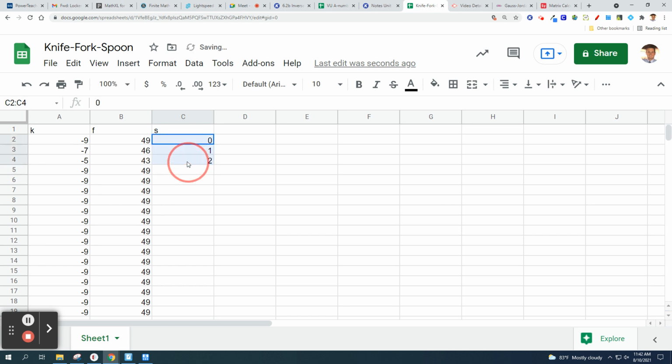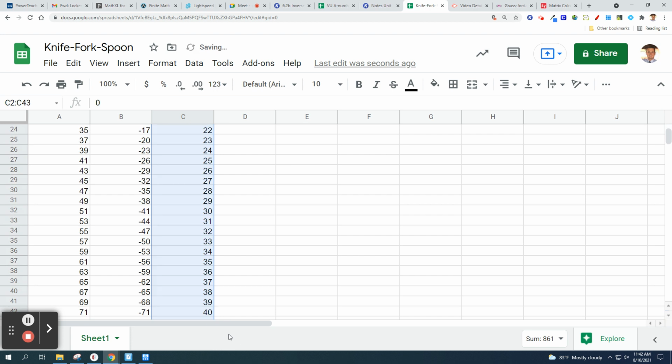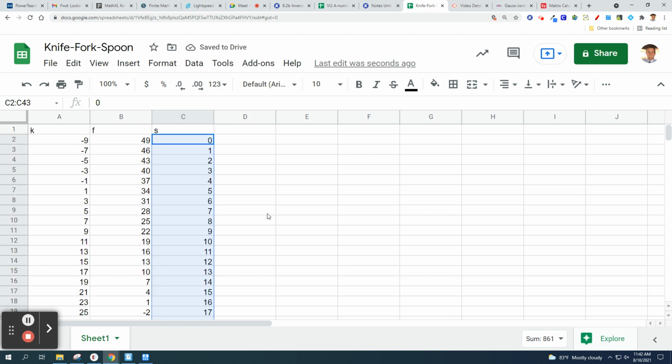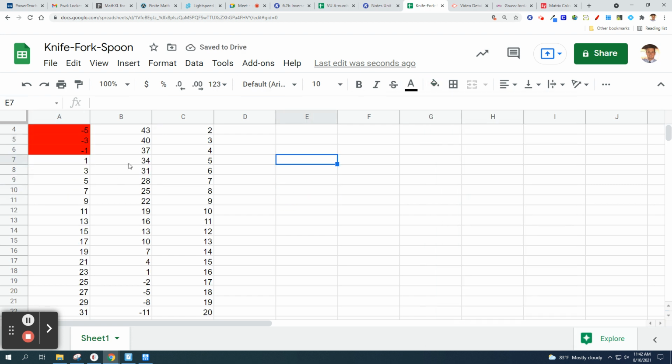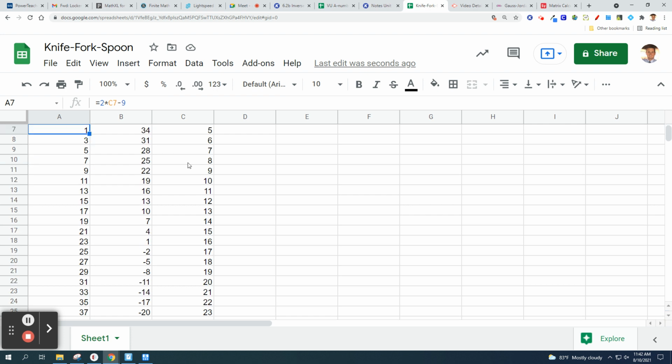Actually, let's copy this down. Anything you see with a negative value is going to be bad. So we look, this is really the first solution. We already came up with that. 5 spoons, 34 forks, and 1 knife. That's one of my possible solutions.